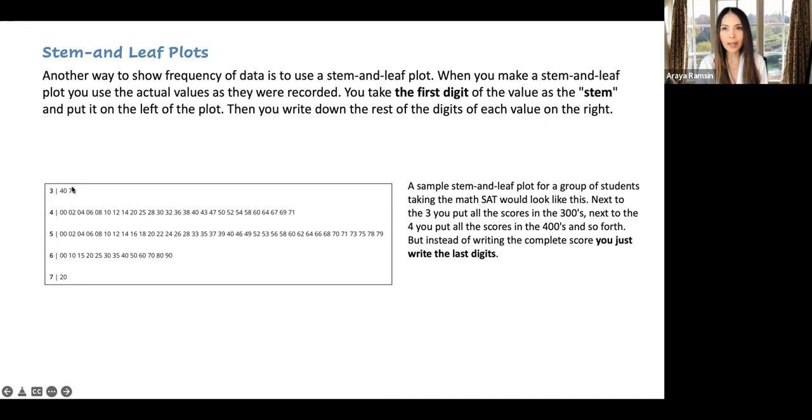What is the actual score of this one? This one is 370, right? And this one, is it really 20 points? No, it's actually 720. So this is how it works.